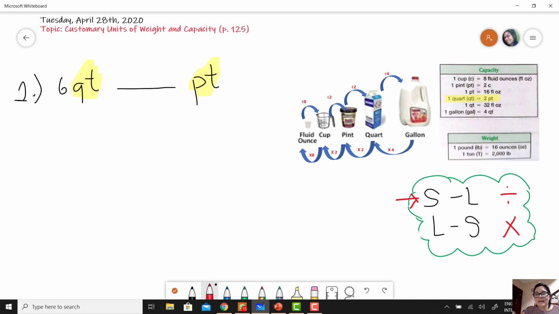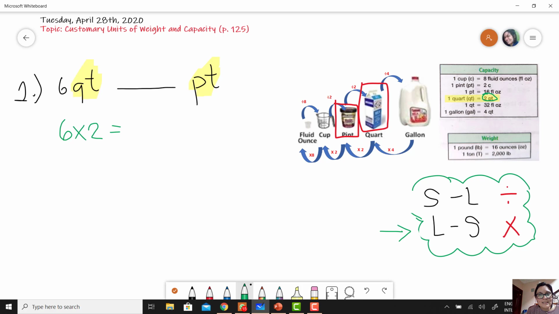Let's see in the picture. Quarts are these ones, and pints are these ones. So we are changing from larger to smaller. That means that we have to multiply. Multiply times what? Look in the table, times 2, because 1 quart has 2 pints. So in that case, we have to multiply 6 times 2.